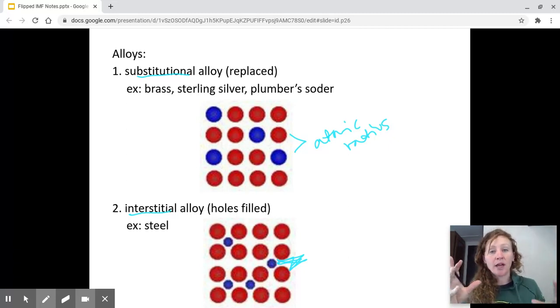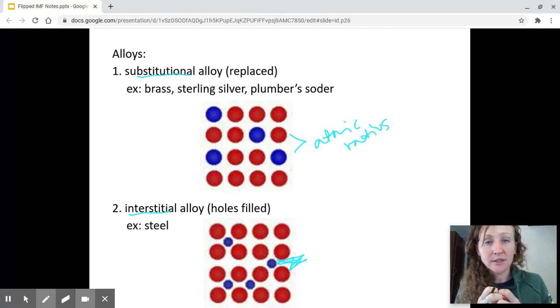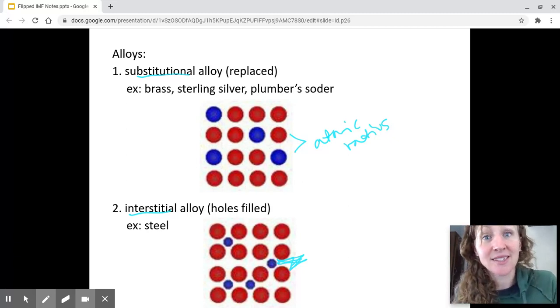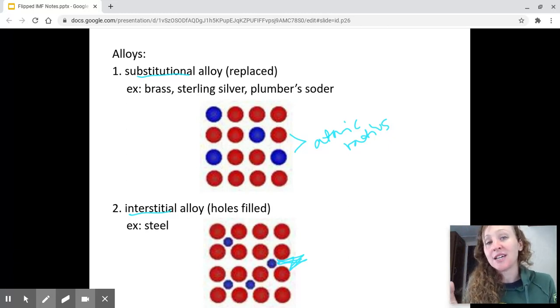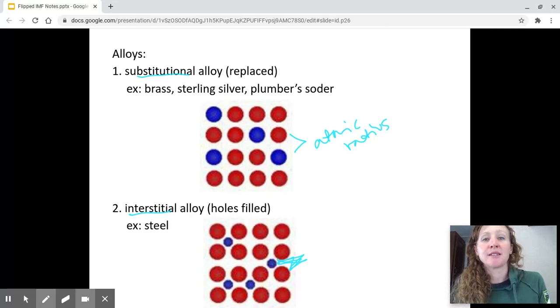But either way, when these metals are mixed or these nonmetals are mixed into metals, you're going to come out with something that kind of has properties of both. It has mixed properties, which can be very advantageous. Like steel comes out extremely strong and slightly rust resistant, which is better than iron, which tends to be weaker and more rust prone.